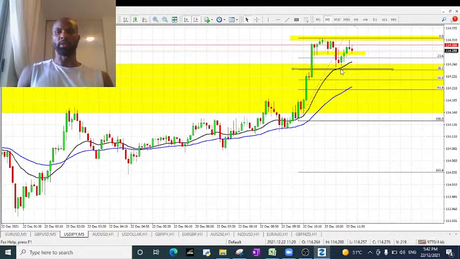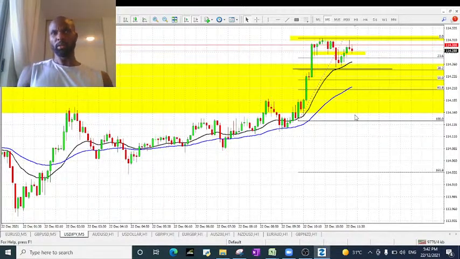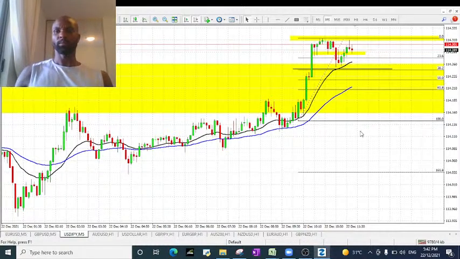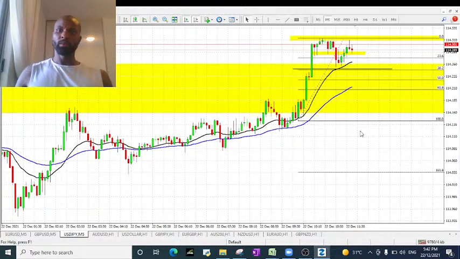Move my stop to right here. Because once price has moved in my favor for a little bit, it doesn't make sense to take a full loss on this trade. Plus, we only have 15 minutes left.